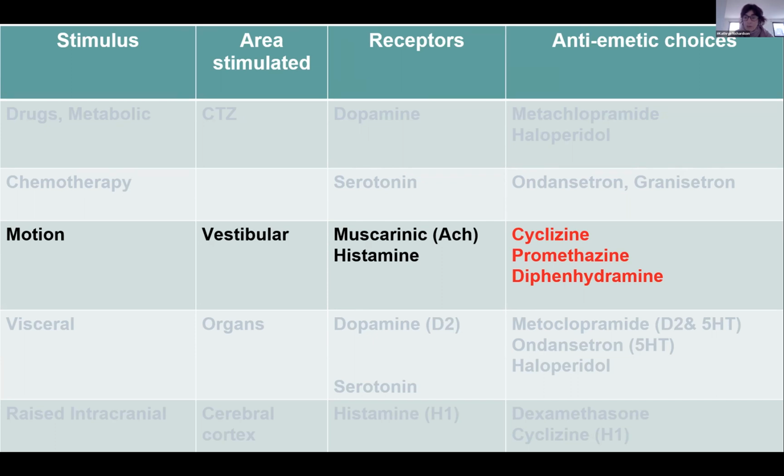Just a note about promethazine: we often use antiemetics by the subcut route, and the ones we've mentioned already, metoclopramide, haloperidol, ondansetron, can all be given by subcutaneous injection, but promethazine cannot. Okay, it can cause local irritation of the tissue, so you need to give it by IV injection if you're using promethazine.